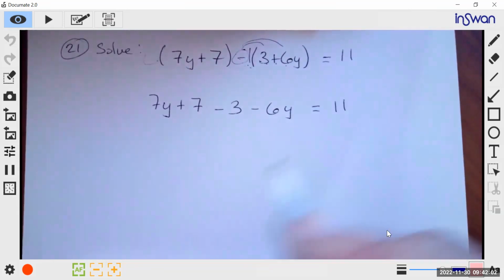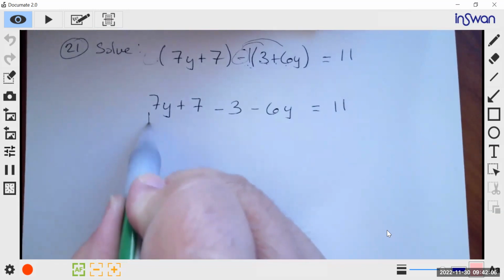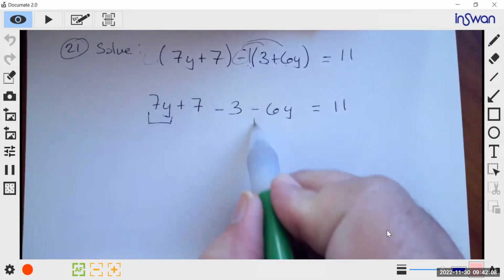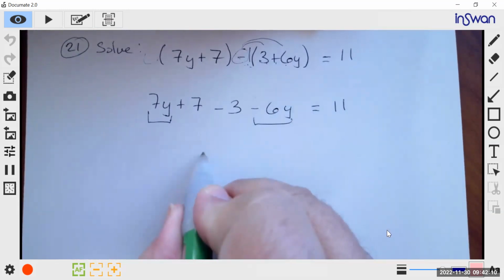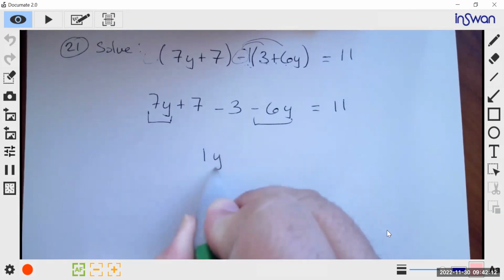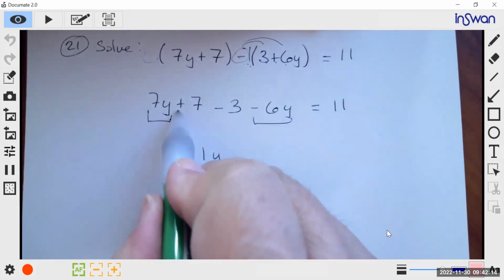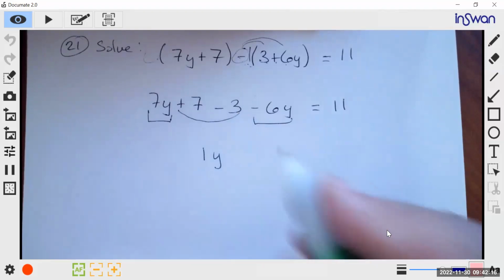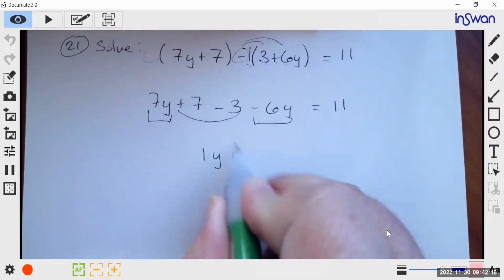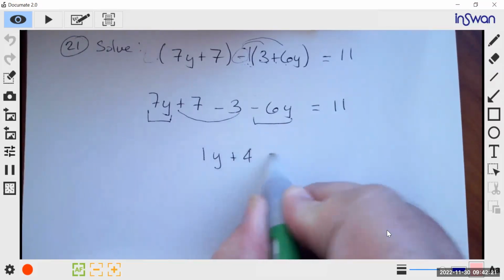We got rid of parentheses. First thing, whenever you get rid of parentheses, combine like terms. 7 y's minus 6 y's is 1y. 7 minus 3 is 4.